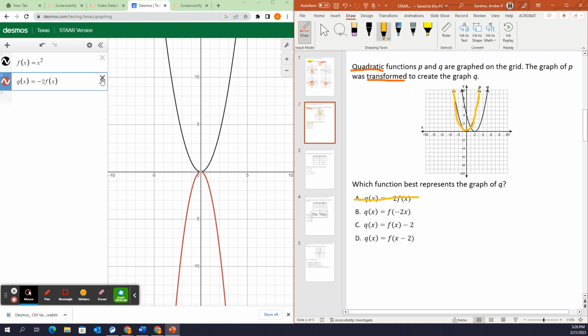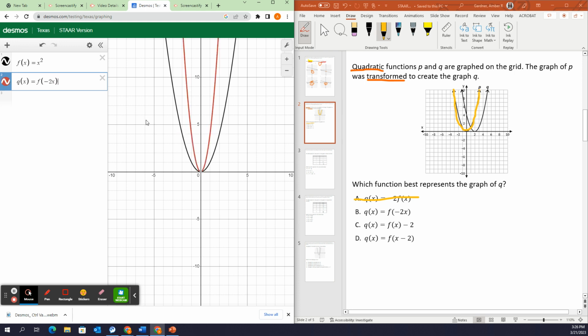So I'm going to try answer choice B. I'm going to just take that part out. I'm going to type in f parentheses negative 2x. So again, still opening up, but if you look, my new graph in red has been stretched and it's a lot more narrow. It has not been moved to the right, so we're not going to choose B.